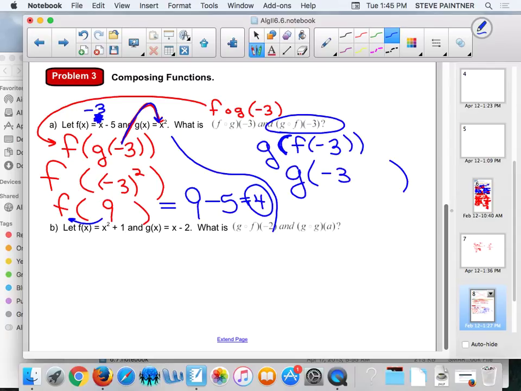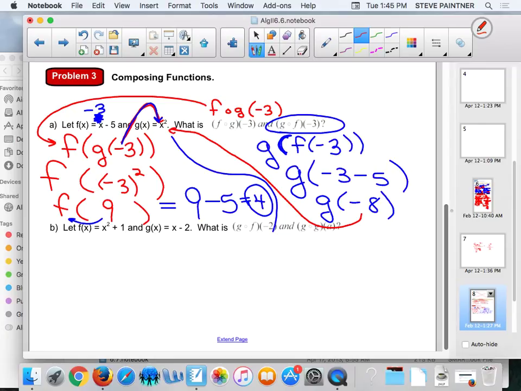Negative 3 minus 5. What's that? Negative 8. Then in g, you have to put negative 8 into function g, which is x squared, right here.